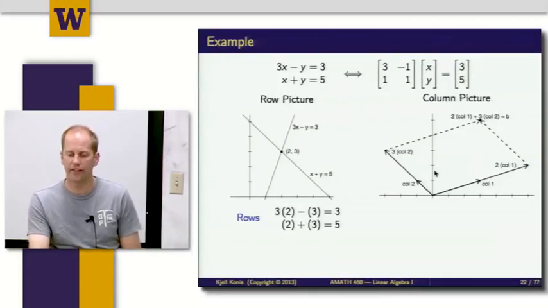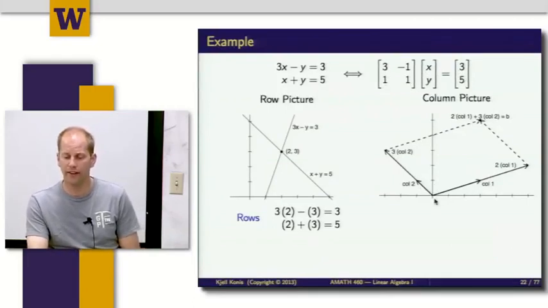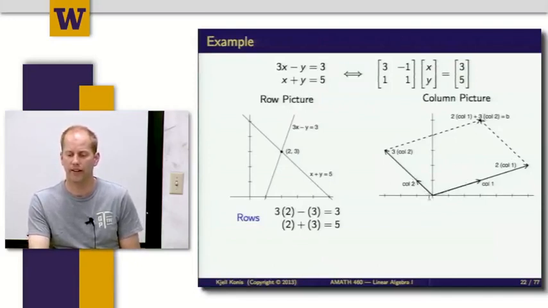And so you can visualize that. If I have to follow these two directions, and I want to get to the point 3, 5, then what I need to do is go 2 times column 1, and that gets me to this point. And then I'm going to add 3 times column 2, that gets me up to this point. So this point up here, which is 3, 5, I can describe that as 2 times column 1 plus 3 times column 2.